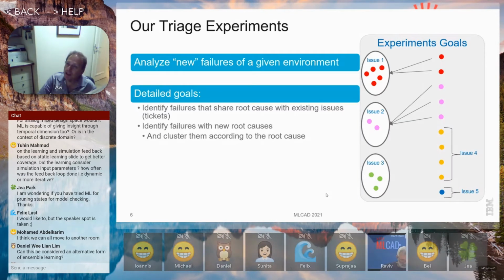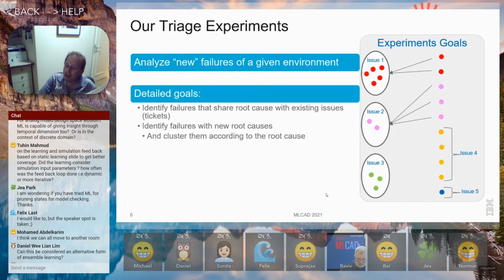So if this is an example, we have already existing 3 issues for the red, purple, and green ones, and we have all the dots on the right side.